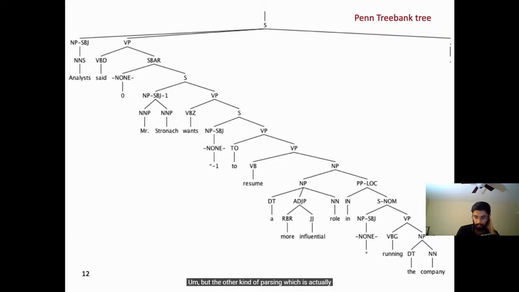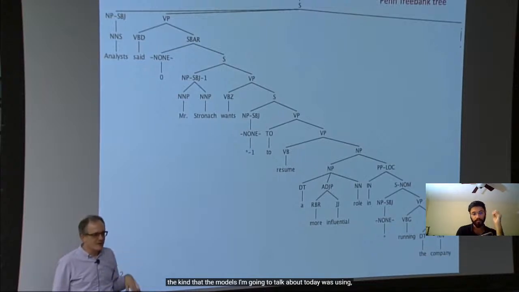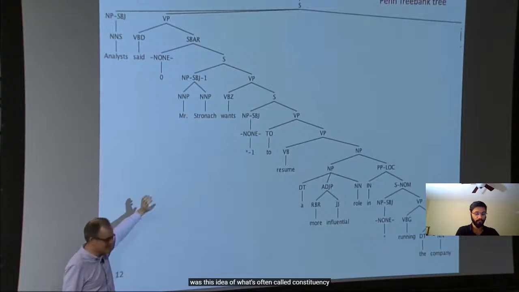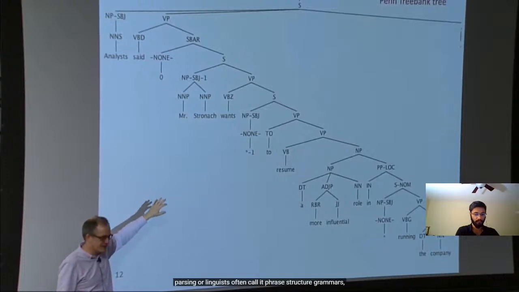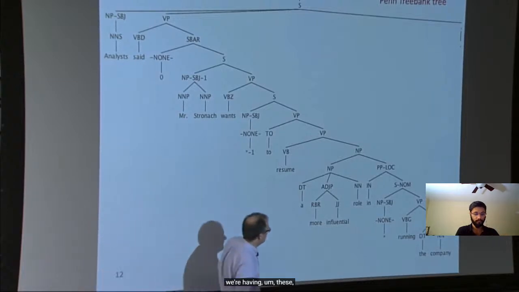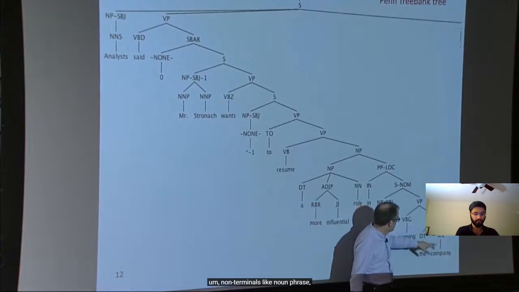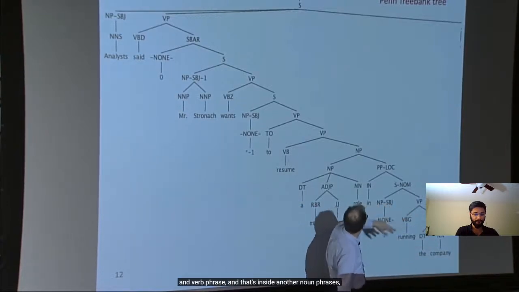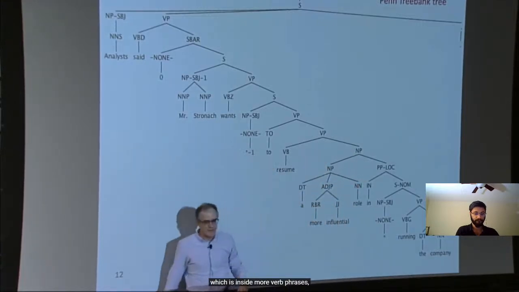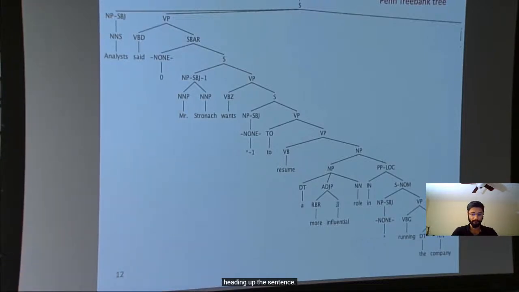But the other kind of parsing, which is actually the kind that the models I'm going to talk about today were using, was what's often called constituency parsing, or linguists often call it phrase structure grammars, or in computer science, formal language theory, these are context-free grammars where we have these non-terminals like noun phrase and verb phrase, and that's inside another noun phrase, inside another verb phrase, which is inside more verb phrases heading up the sentence. And so these are our constituency grammars.